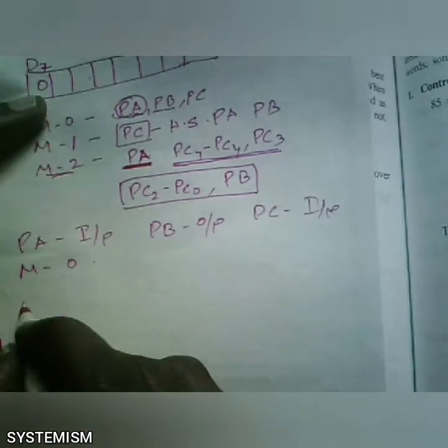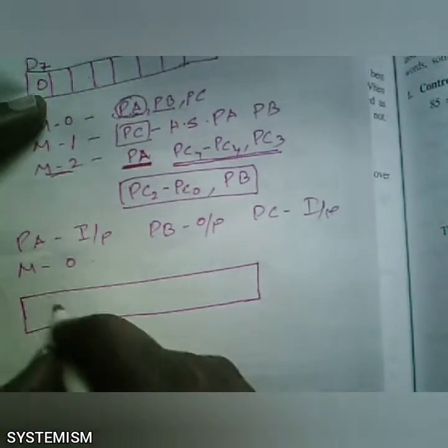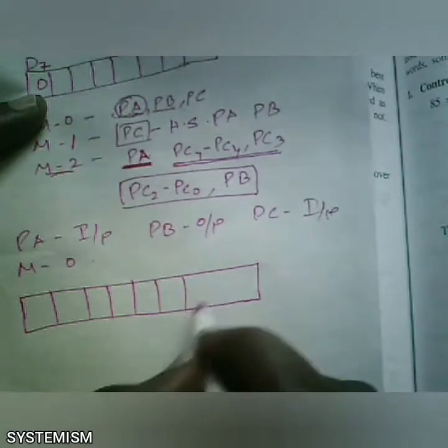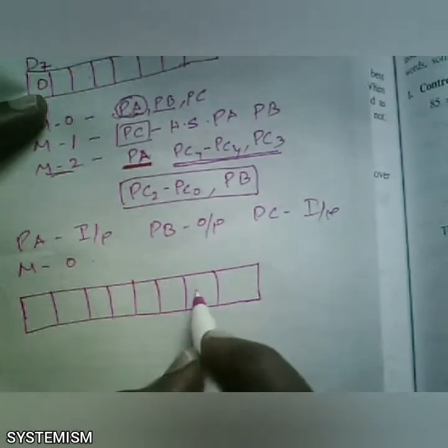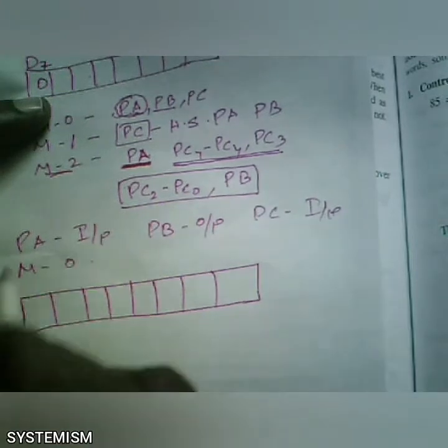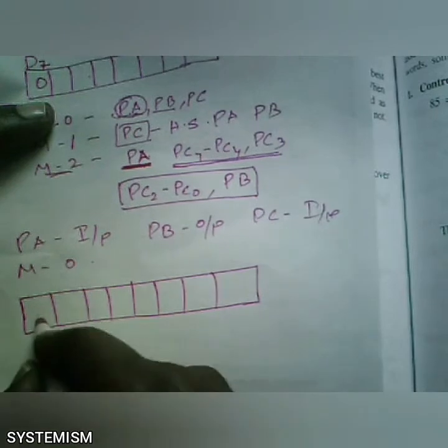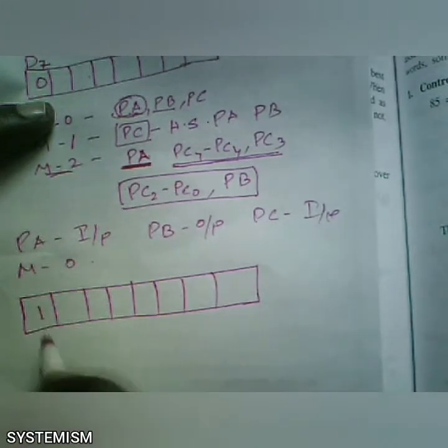Now tell me the data format for achieving these conditions. First, the D7 bit must be 1, then only it will operate in IO mode.